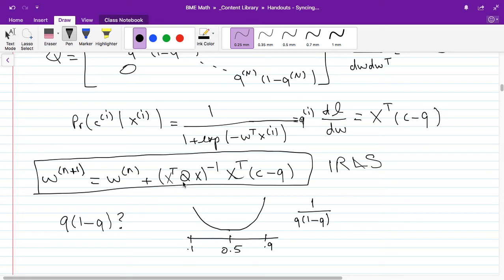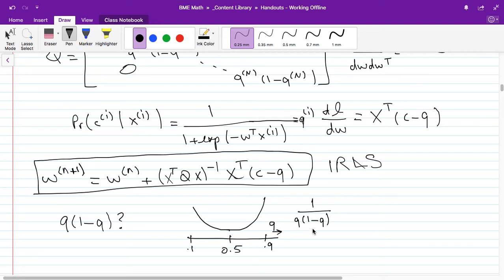So what it's doing is weighting the error in your prediction. If you made a prediction error, you should weigh it by this quantity, which relates to how certain you were when you made that prediction. On the x-axis, we have Q. So when Q is large, you were pretty certain, yet you were wrong. You should learn a lot. When Q was 0.5, you were very uncertain, because that's chance.